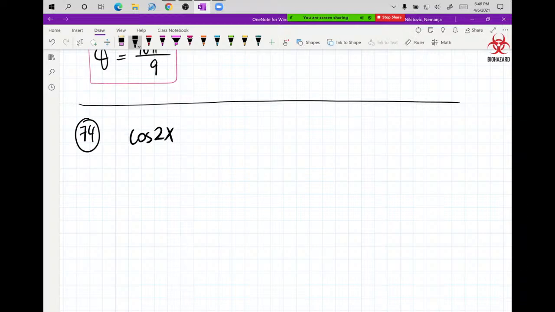Cosine 2x plus cosine x plus 1 equals 0. Well, in order for us to solve the equation, we have to have a single cosine. I have two different terms with cosines, and they don't even match, so I can't add them up in a pile.